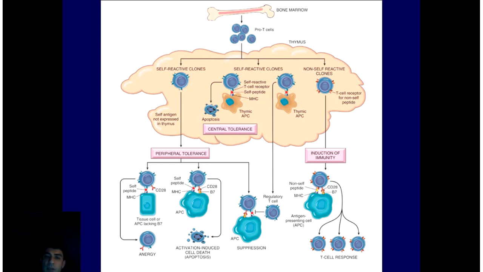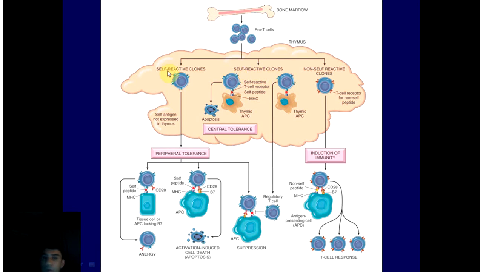But interestingly, some of these cells, according to some sources and authors, especially those which have very high affinity receptors against self antigen, become regulatory T cells later, and then these cells become very important for induction of peripheral tolerance, about which we'll talk later in more detail.